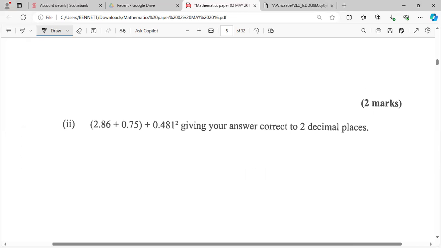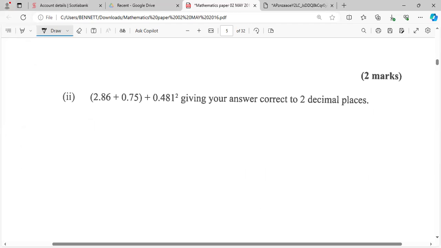It says 2.86 plus 0.75 plus 0.481 squared. Alright, so let's work out what's inside the bracket first. Again, I'm just going to use my calculator for time.